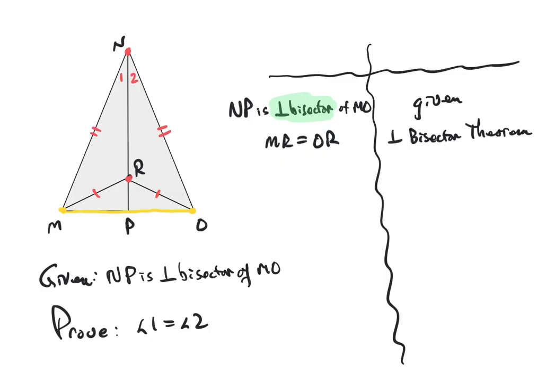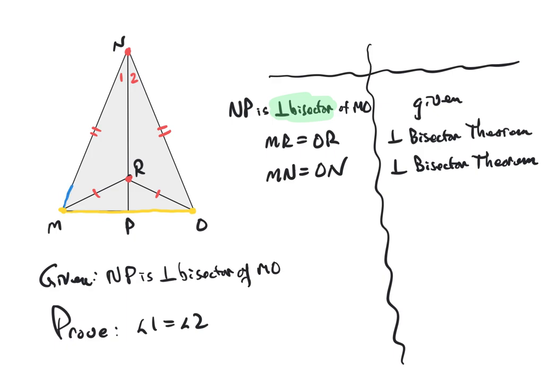So what that tells you then is the distance from M to N and the distance from O to N are going to be equal using the exact same theorem.